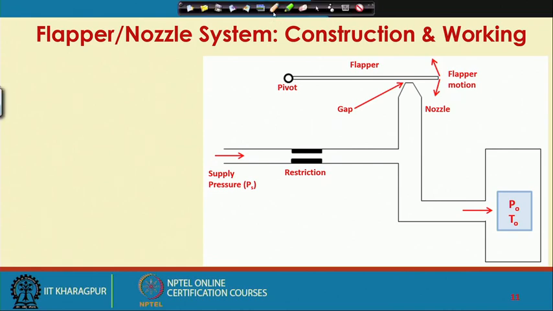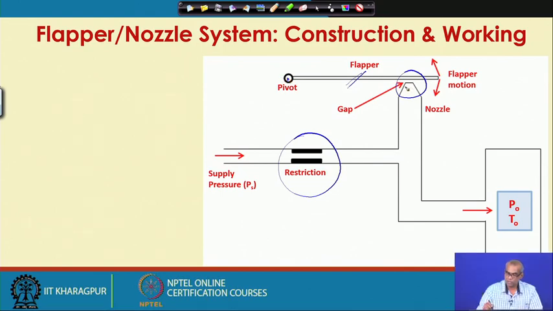The flapper nozzle system consists of two restrictions. One is a fixed restriction, another is a variable restriction that comes from a flapper and a nozzle. So, this is a flapper, this is the pivot and this is the nozzle.